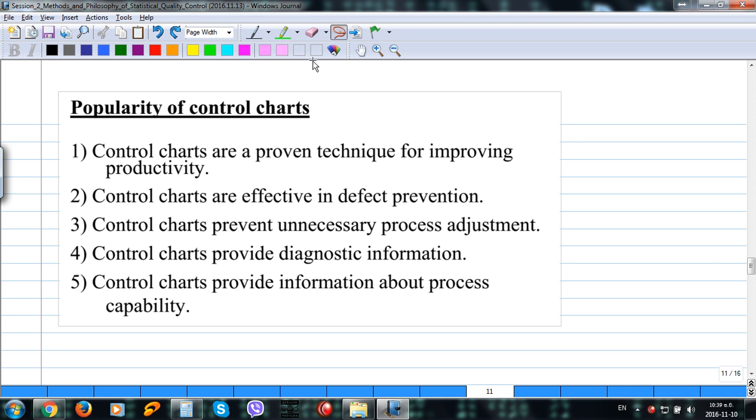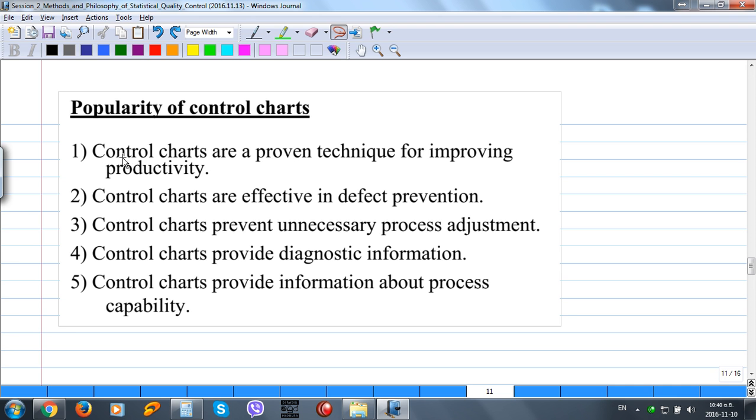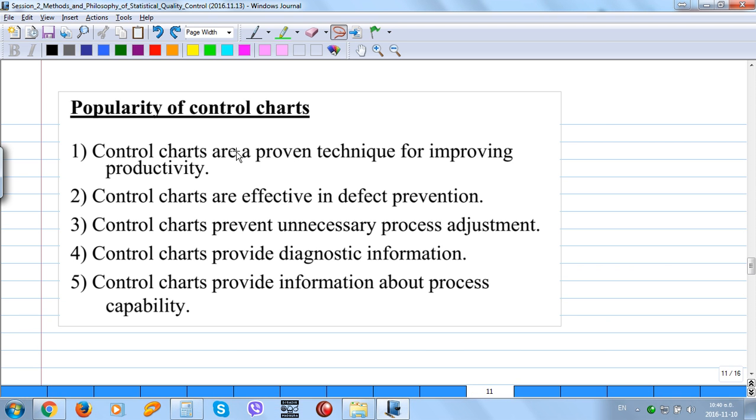A successful control chart reduces scrap and rework. If we reduce scrap and rework, it increases productivity and production capacity, right? And if there is no scrap and rework, it also reduces cost. That's why these types of control charts are popular in production.